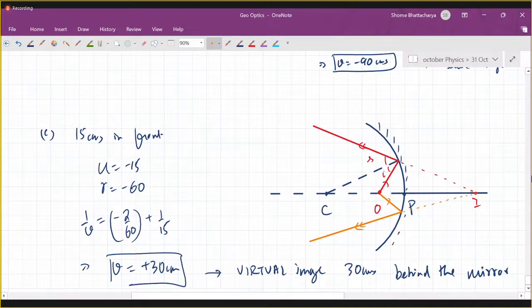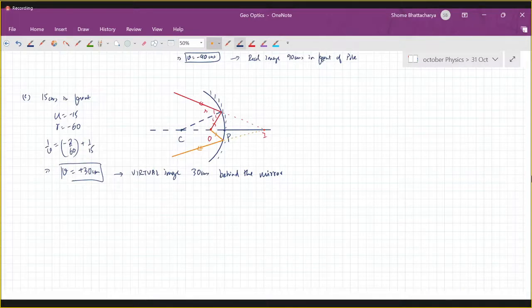So this is the ray diagram corresponding to the situation. No, and we don't consider size for point objects. We will come to extended objects and magnifications next.